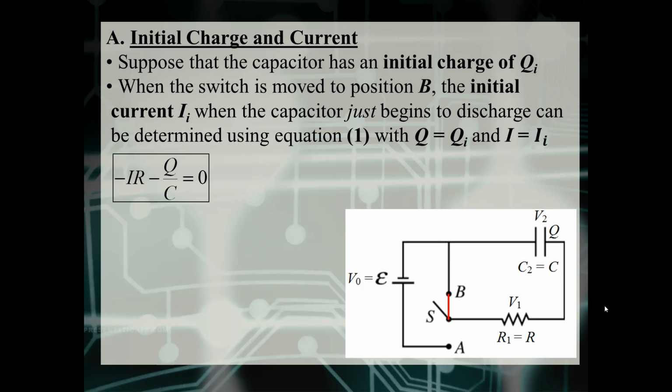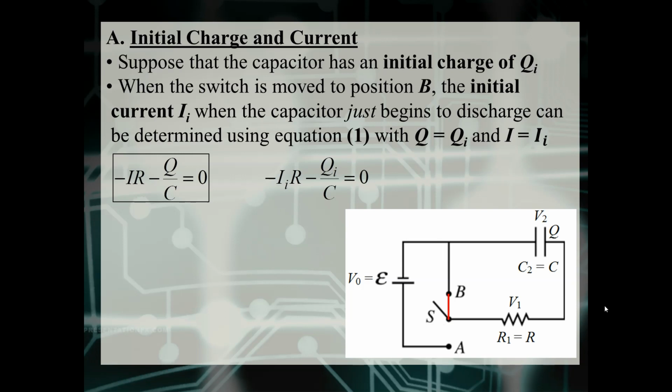Now, if I look at my equation from the loop rule, negative IR minus Q over C is equal to 0, I'm going to replace Q with Qi and replace I with I subscript i. If you do that, you would then have negative I subscript i times R minus Qi over C is equal to 0.